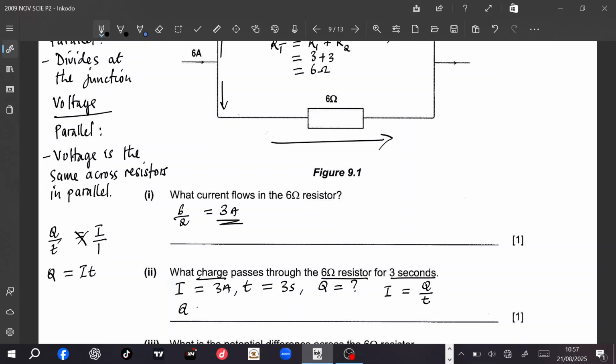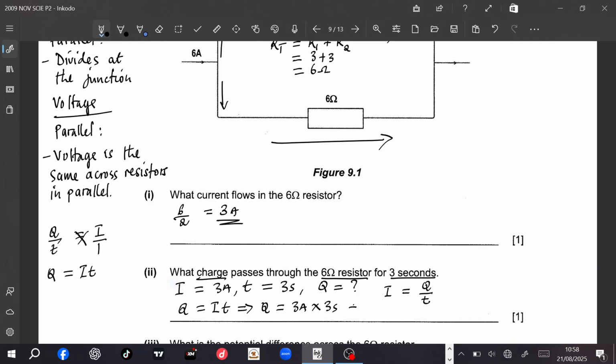Charge is equal to current times time. So you substitute: charge is equal to current, which is 3 amps, times time, which is 3 seconds.